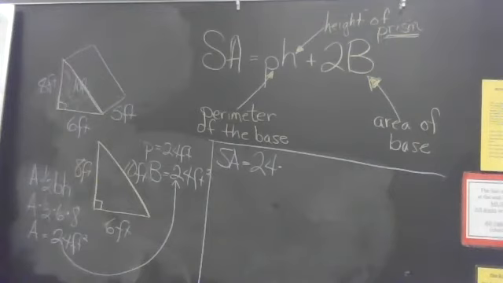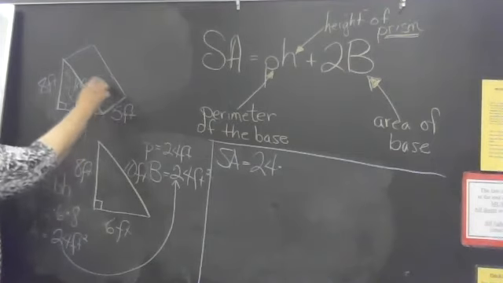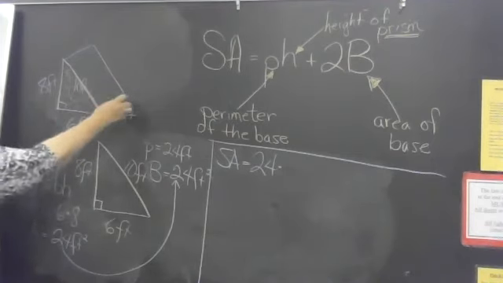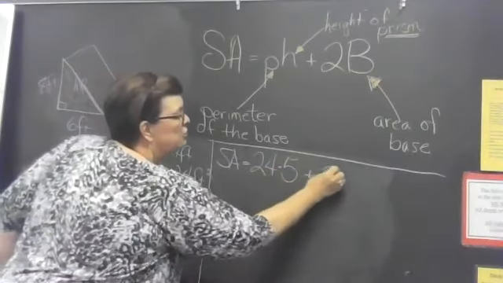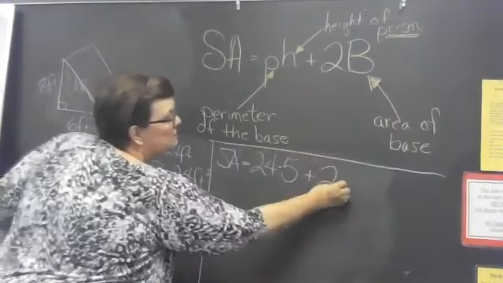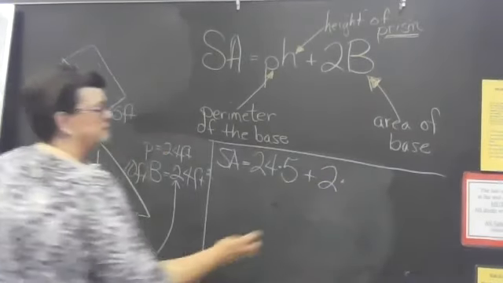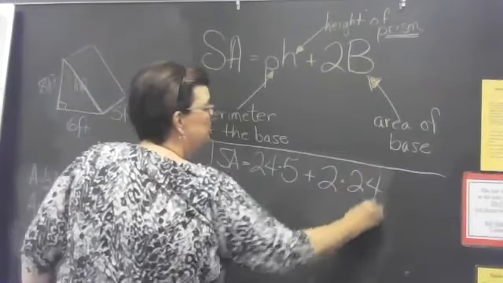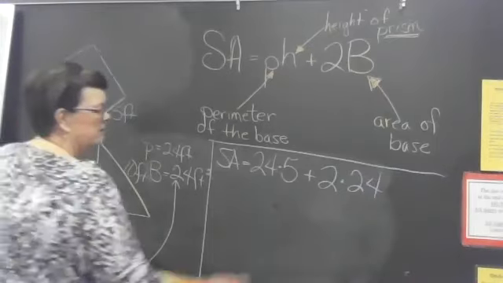So what's the height of the prism? 5 feet. Okay, it's right here. It's the line that joins the two parallel bases, 5 feet. Plus 2 times the area of the base, which is 24 again. Now it comes down to math, just math.